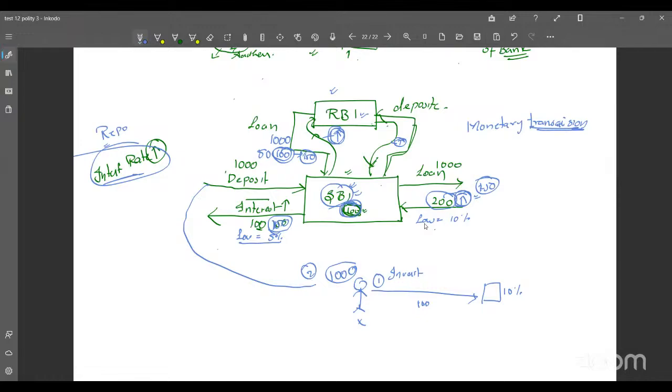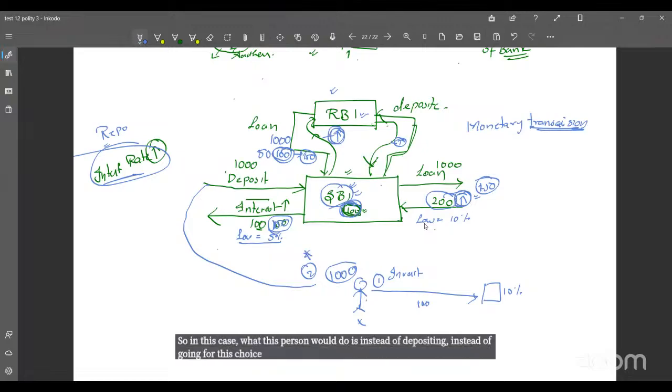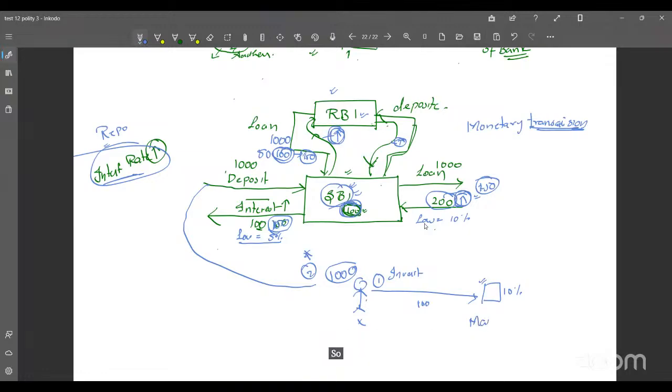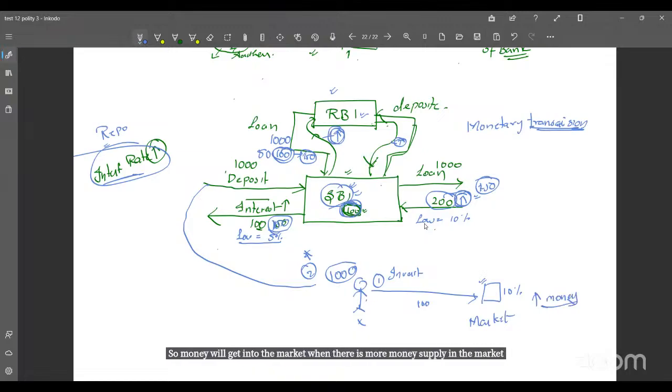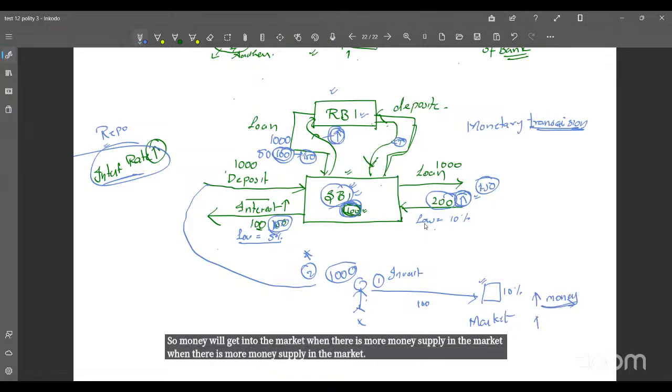So in this case, what this person would do is, instead of going for this choice, he will go on investing in the market. So he will spend the money in the market. The money will get into the market. When there is more money supply in the market, inflation will go high.